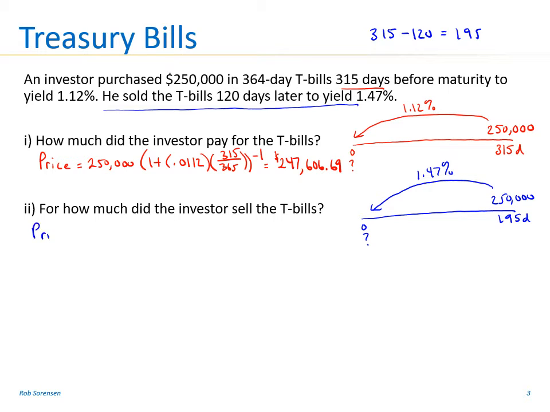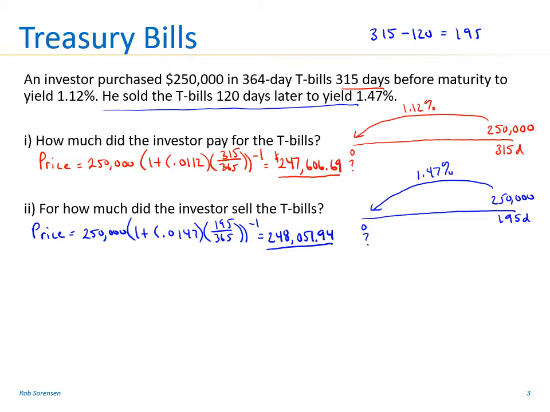Let's work out the price here. $250,000 brought back at 0.0147 this time for 195 days. And that works out to be $248,051.94. That would be the selling price at that point.